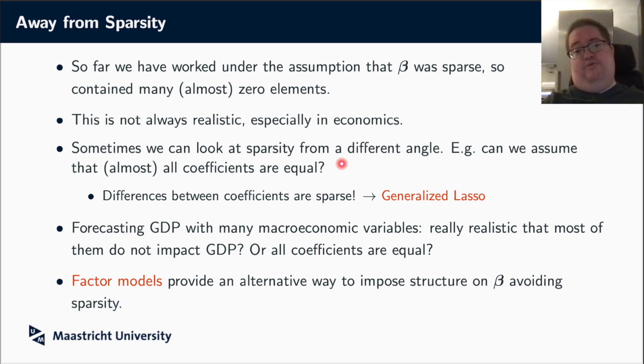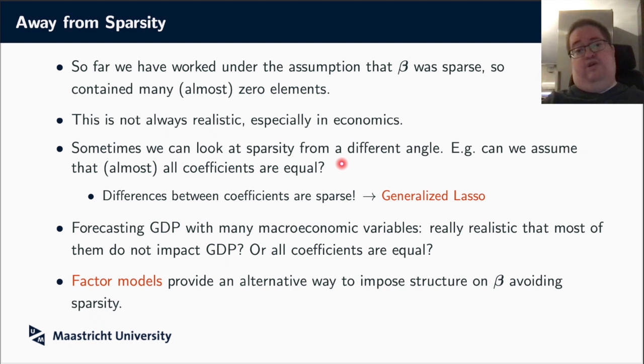And this, for instance, is a setting that would occur very naturally in economics if you look at panel data settings, where you would allow for some heterogeneity across different units, but not too much. You would expect that actually many of the coefficients are equal. So you could apply this sort of generalized lasso to that kind of problem, where that would allow you to find clusters, right?